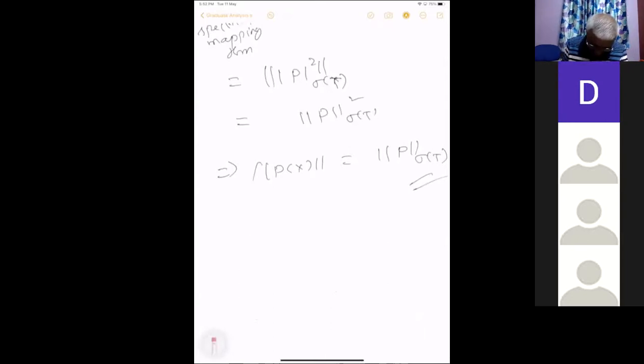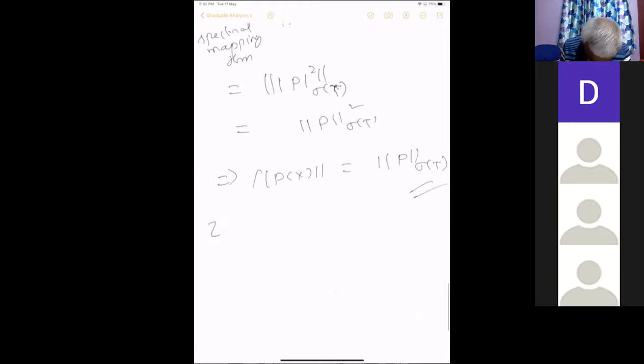This is true for any matrix. Z is any operator. Then there exist X, Y self-adjoint such that Z equals X plus iY, unique.